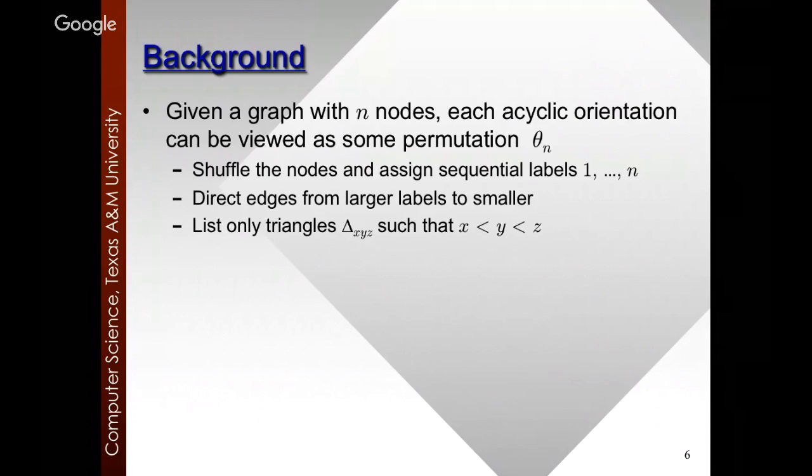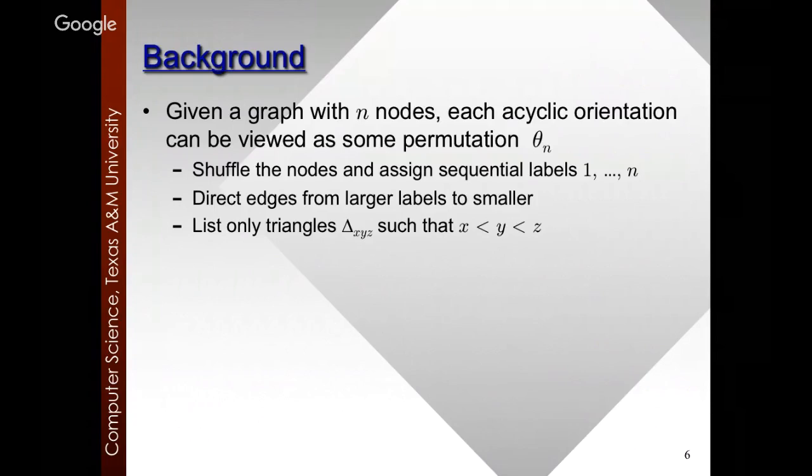So we summarize the relabeling and orientation as a new term we call permutation. The first step is to shuffle the nodes using some universal order O, and then assign sequential labels from 1 to n to those nodes. And then we direct edges from larger labels to smaller labels.